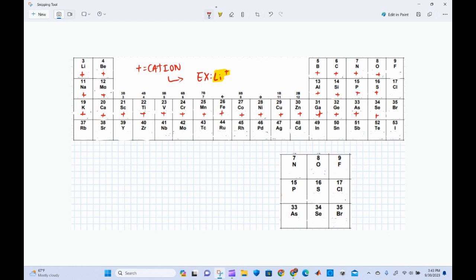If you have a positive cation somehow, noble gases are very hard to make a cation, so we're not including them, because you most likely won't have it. They have full valence electrons. They are full. They don't have any more to gain or lose to benefit themselves.